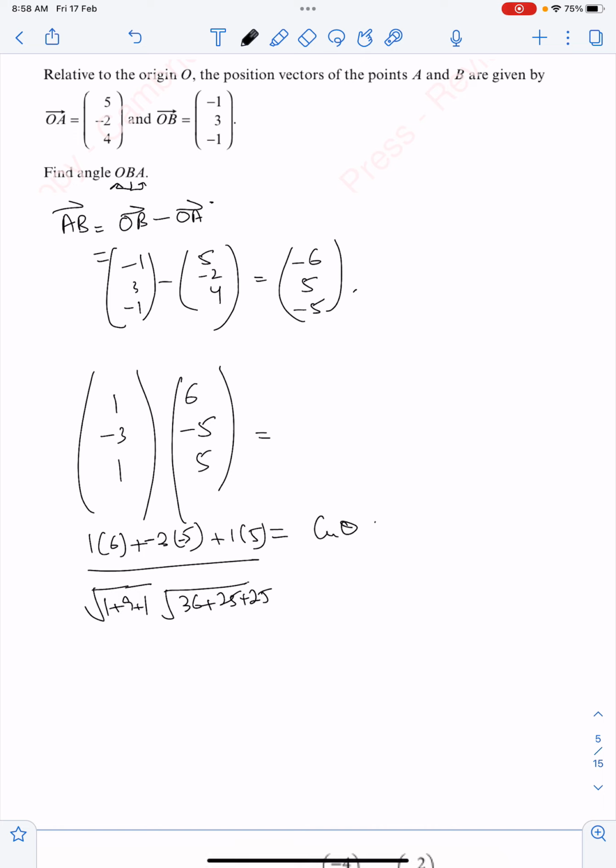Okay, let's solve this now. 6 plus 15 plus 5, 26 divided by the magnitude of 11, magnitude of 86, equals cos of theta.